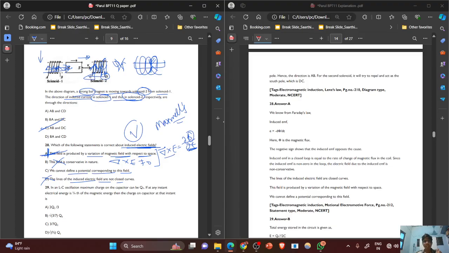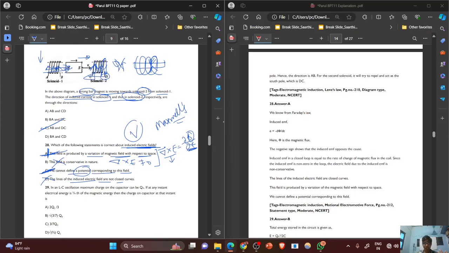And as this is a non-conservative field, the curl of this is not zero, so it is not conservative. If it is not a conservative field, we can't define a normal potential. So I think according to this, the third option is the only correct option here, because in your class it is talking about a normal potential related to this field. So we cannot define the potential for induced electric fields.